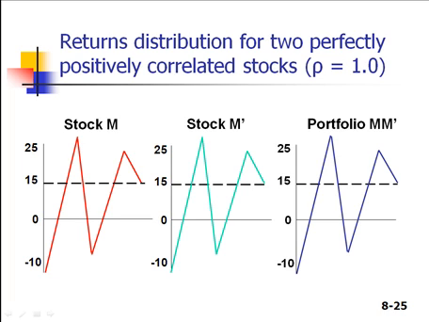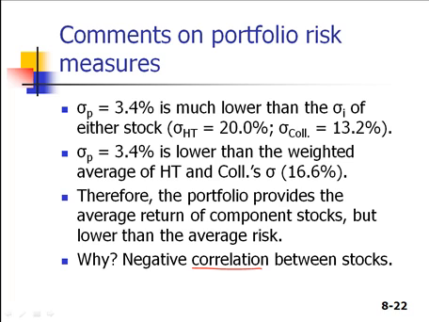You remember me saying just a few slides ago that I told you about this weighted average of the standard deviations, and I said that the standard deviation of the portfolio over here couldn't ever be more than that number. Well, that's true. It can't ever be more than that number.